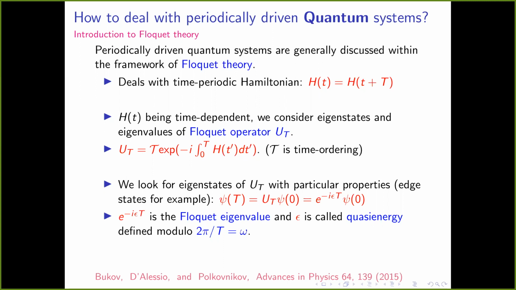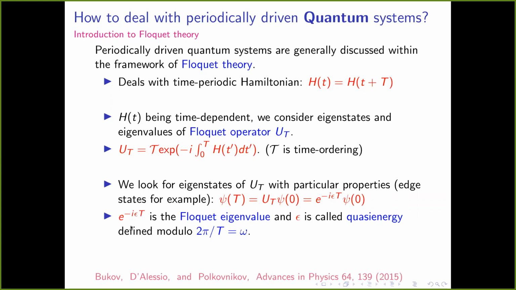For our problem, we were looking for edge states. That means we look for states where U(T) psi 0 equals e to the power minus i epsilon T psi 0. Since U(T) is a unitary operator, the eigenvalues will be of the form e to the power i theta, but I write it like this. Then it is easy to read this epsilon as analogous to energy.